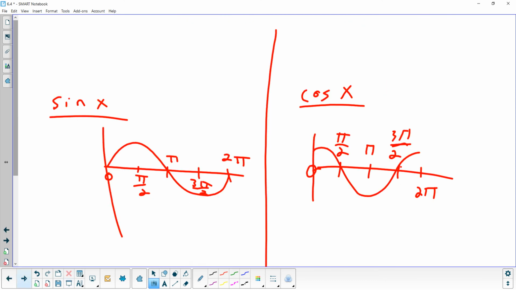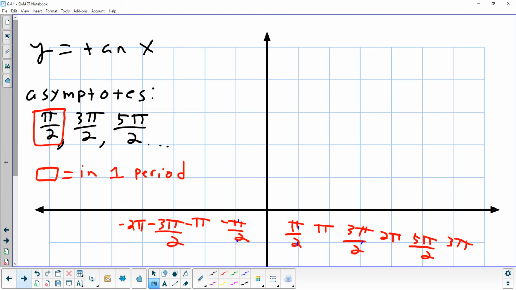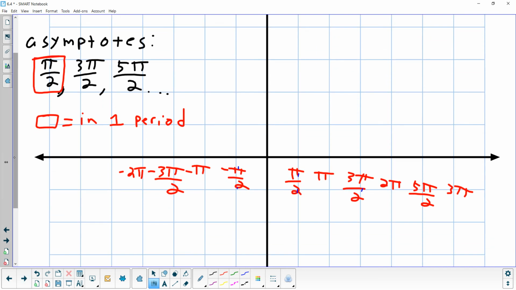All right, so let's look at our graph. Sine is 0 at 0 and pi, and 2 pi, and 3 pi, and 4 pi. It's 0 at every multiple of pi. So I go to my graph of tangent. Let's mark that. It's going to cross the x-axis at 0, 1 pi, 2 pi.